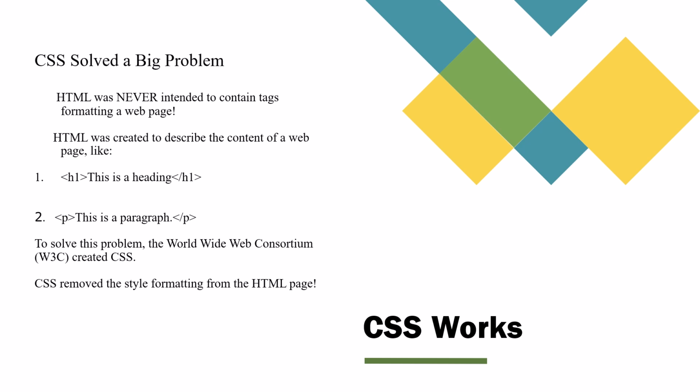Here is how CSS works. CSS solved a big problem, which is that HTML was never intended to contain tags for formatting a web page. HTML was created to describe the content of a web page, like H1.